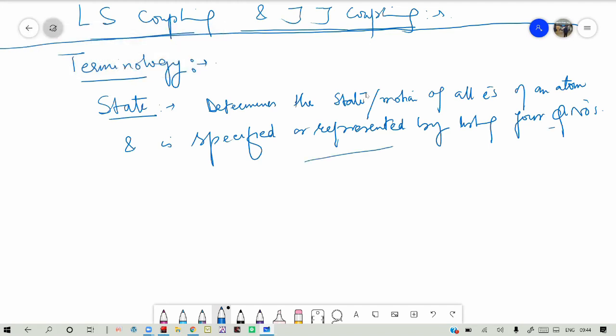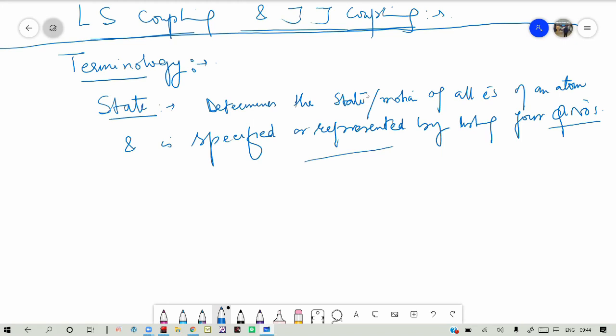So that means the state of an atom is actually the state of all the electrons, generally the valence electrons. And these states are represented by listing their quantum numbers, that is, the quantum numbers of an electron at a particular energy level.